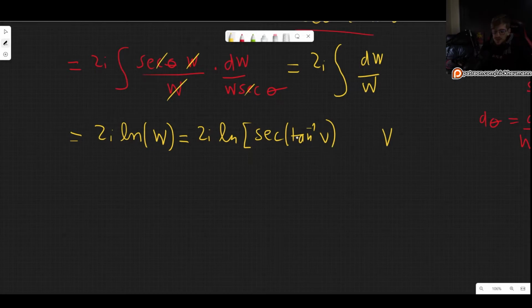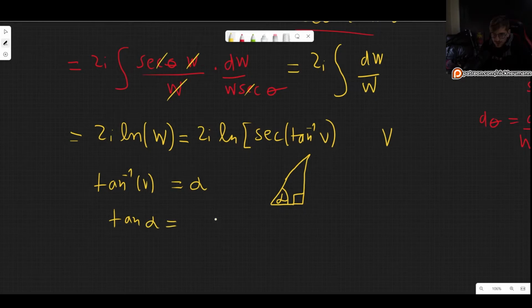Now this may not be all that obvious. So let me show you how you can know what that is. So this implies that we have tangent inverse of v, so arctan of v. This is some angle, right? So we have some right triangle with an angle, let's call it alpha. And we know that the tangent of alpha is equal to v over 1, right?